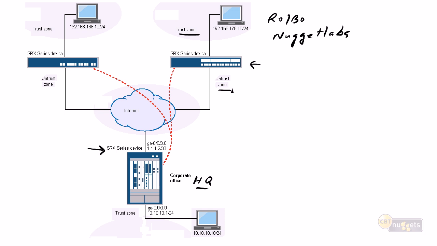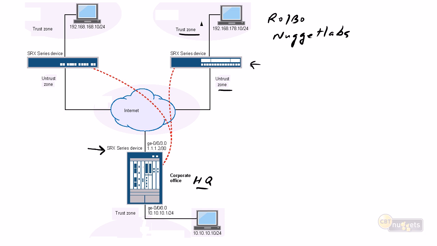And what's important is, I talked earlier about how, yes, you can have other zones set up on this SRX, for example, a DMZ zone with public servers and other zones for other special cases. But the first thing you have to do out of the box is make sure that you have these two zones set up.